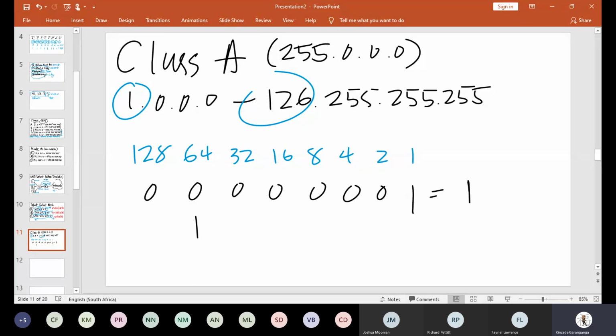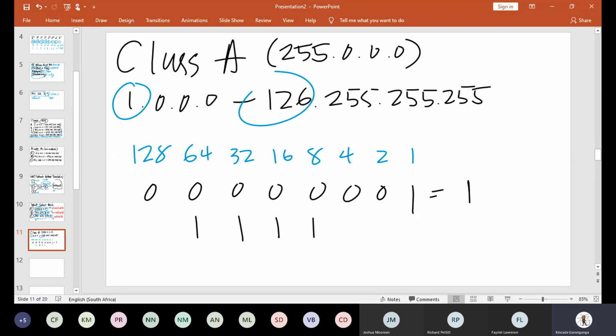What is the closest number to 62 that we've got in the range? It's actually 32. We subtract 32 from 62, we get 30. What's the closest number to 30? It's 16. We subtract 16 from 30, we get 14. What's the closest number to 14? It's 8.